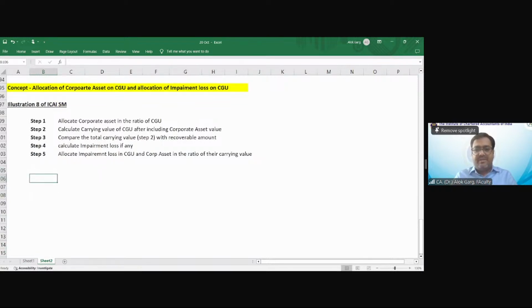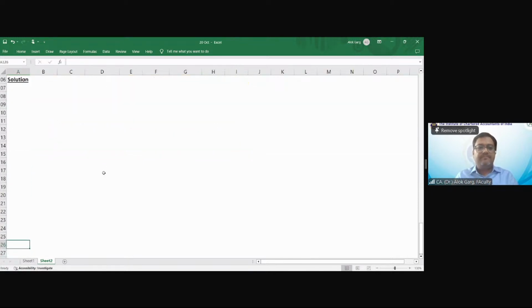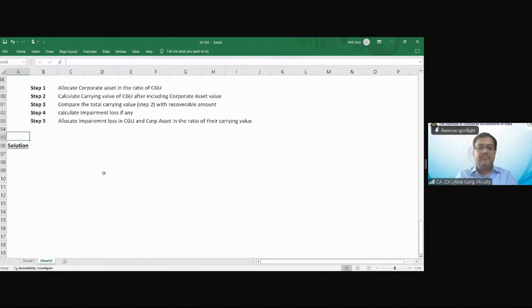Now let's solve this question. What is given in the question? Solution. Corporate asset is given, 10 million.